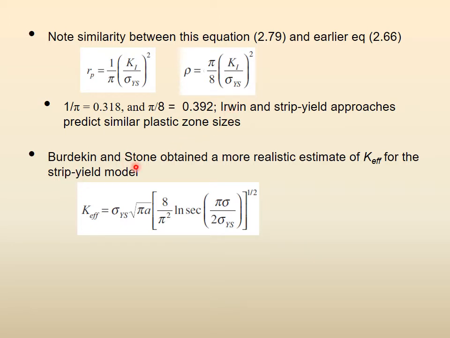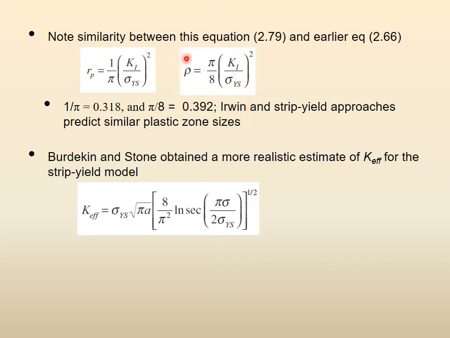Now Burdekin and Stone obtained a more realistic estimate of K effective for the strip yield model by more advanced mathematics, which we are not giving here. If you use this approach, a effective is equal to a plus rho, then you can find K effective by an iterative method.